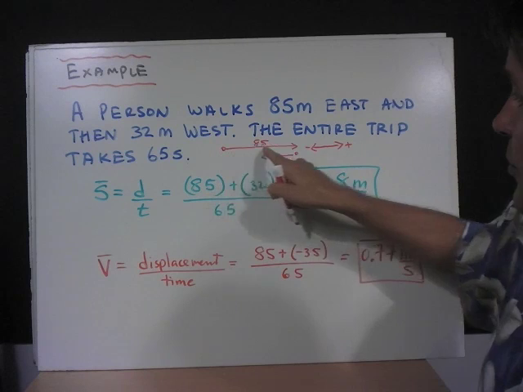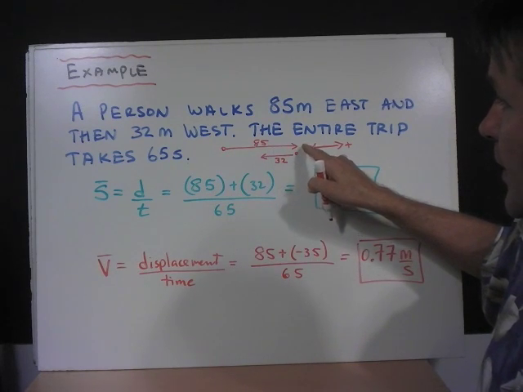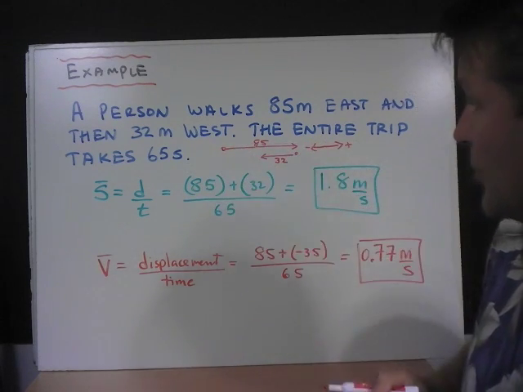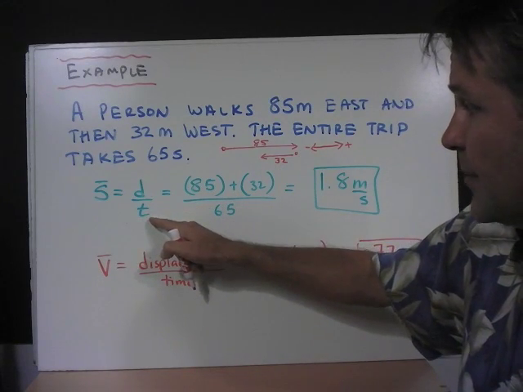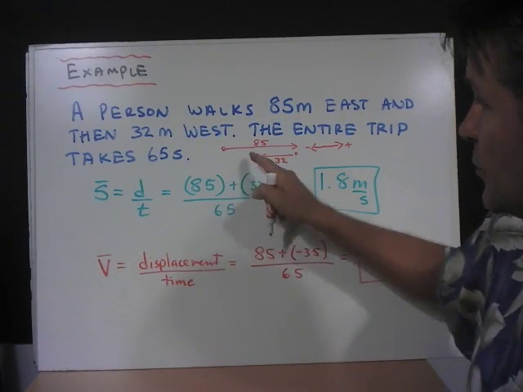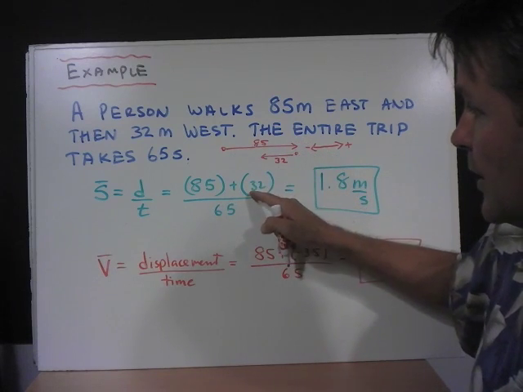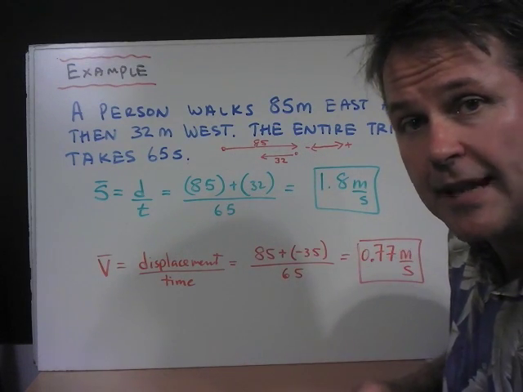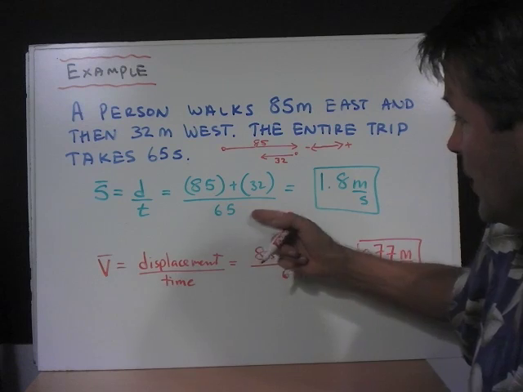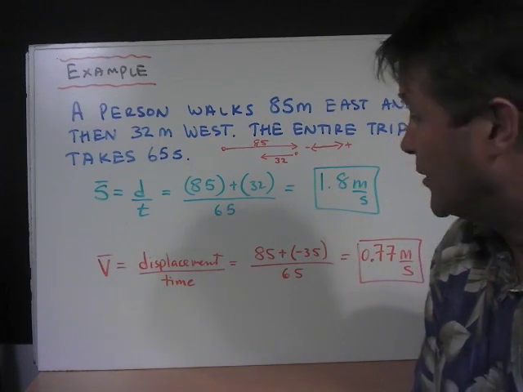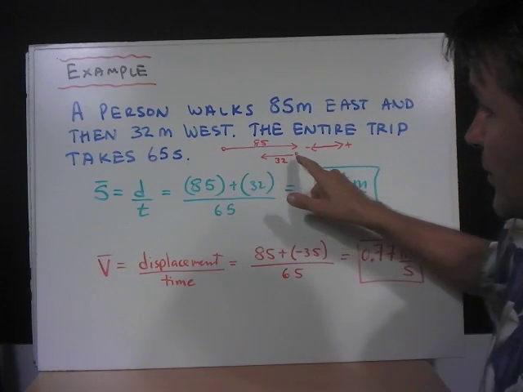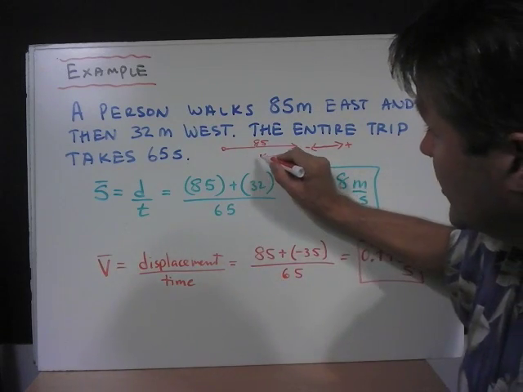So we're traveling to the right 85, and then we're traveling to the left 32. So speed is total distance divided by time. So the total distance would be 85 plus 32 divided by 65 seconds, which is the time interval. And that works out to 1.8 meters per second. That's the speed that you're traveling from here to this spot right here.